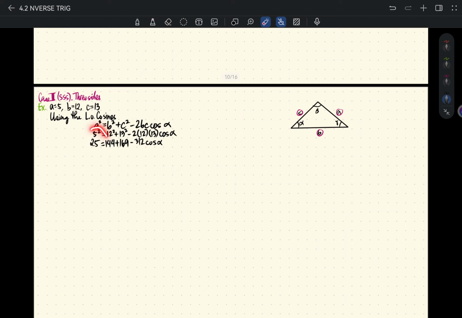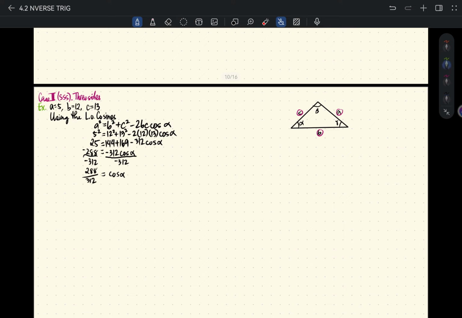Then combining the constants in one side, we have 25. If we transfer this one right here and this one, they become negatives. So that's 25 minus 144 minus 169. We have negative 288 equals negative 312 cosine of alpha. Then dividing both sides by negative 312, we get here that cosine alpha equals 288 over 312.